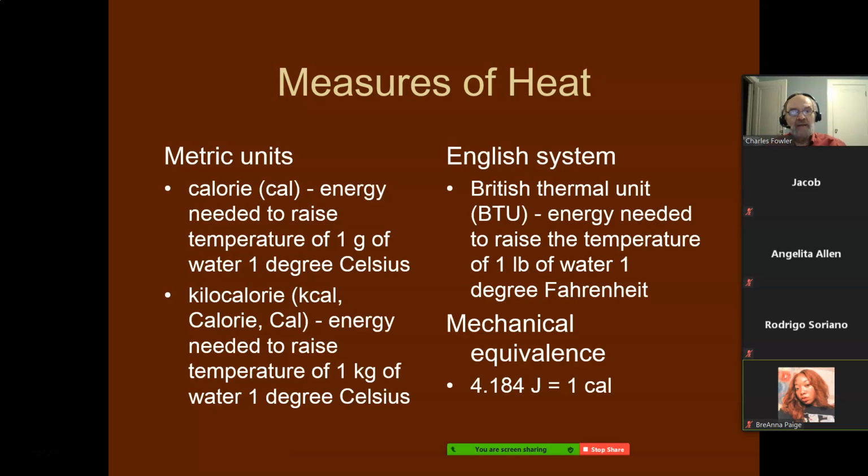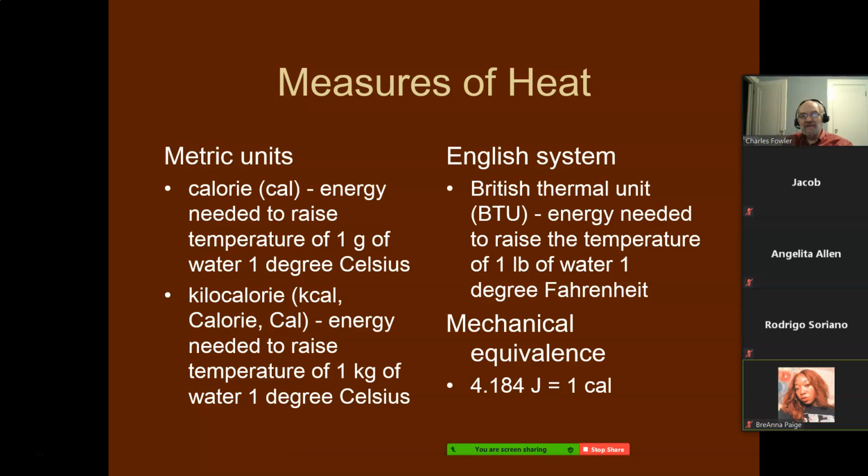Okay, now in the old English system, not many people use this anymore, but a few people do. They used the British thermal unit, English, British thing, saying a BTU. Now, back when I was younger, that's what most air conditioning systems were measured in, as BTUs, British thermal units.